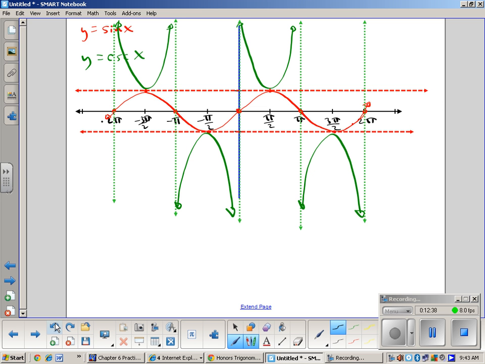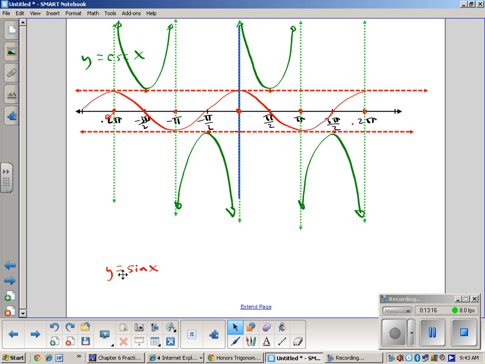All right. Now, if instead of a sine, I graph cosine, it would look like this, wouldn't it? Where are my asymptotes going to occur in the cosine graph?